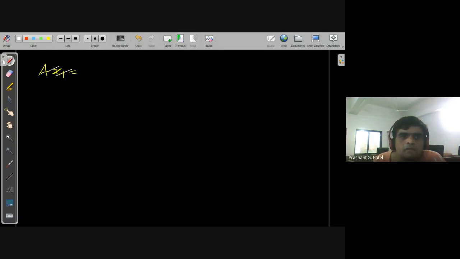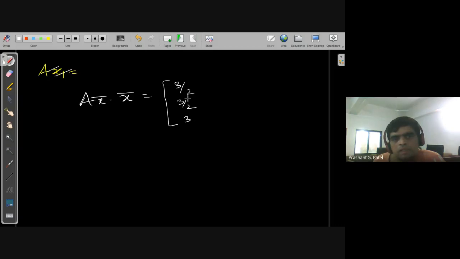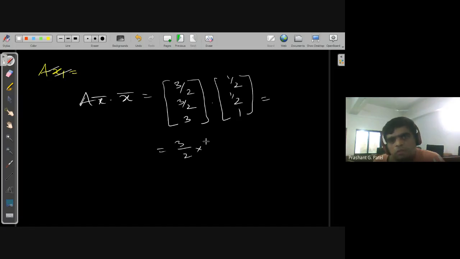So we'll now calculate A x bar dot x bar. A x bar is 3 by 2, 3 by 2, 3. x bar is 1 by 2, 1 by 2, 1. So this gives me 3 by 2 into 1 by 2 plus 3 by 2 into 1 by 2 plus 3.